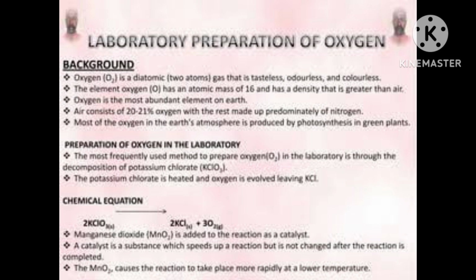Oxygen gas, dioxygen, directly reacts with nearly all metals and non-metals except some metals like gold and platinum. It will also not react with some noble gases.